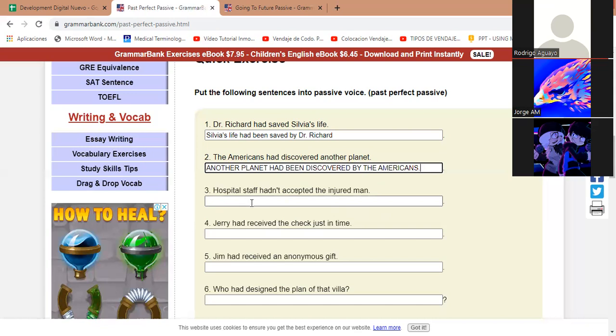And the passive voice is the injured man hadn't been, because it's negative, right? Yes, hadn't been accepted by the hospital staff. Very good. The injured man hadn't been accepted by the hospital staff.